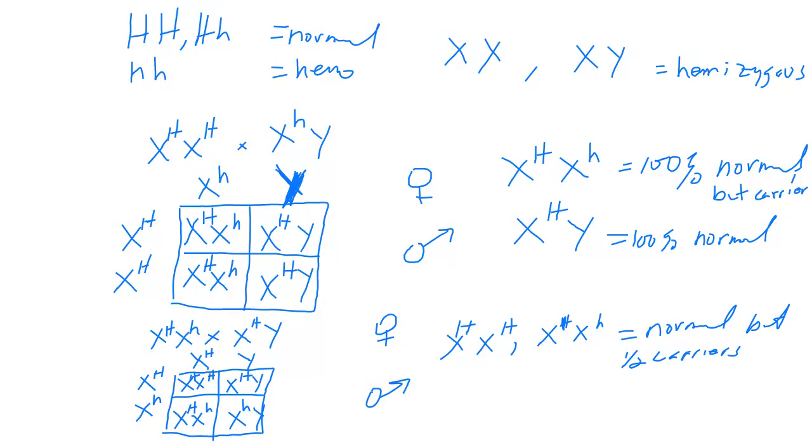Because they're heterozygous, but they're all normal, right? Phenotypically. But half of them are heterozygous, so they're carrying, right, that recessive allele for hemophilia. When it comes to the males, well, half the males are lucky, right? They're normal, but the other half have hemophilia. So for the males, it's a 1-to-1 or a 50-50, normal to hemophiliac.